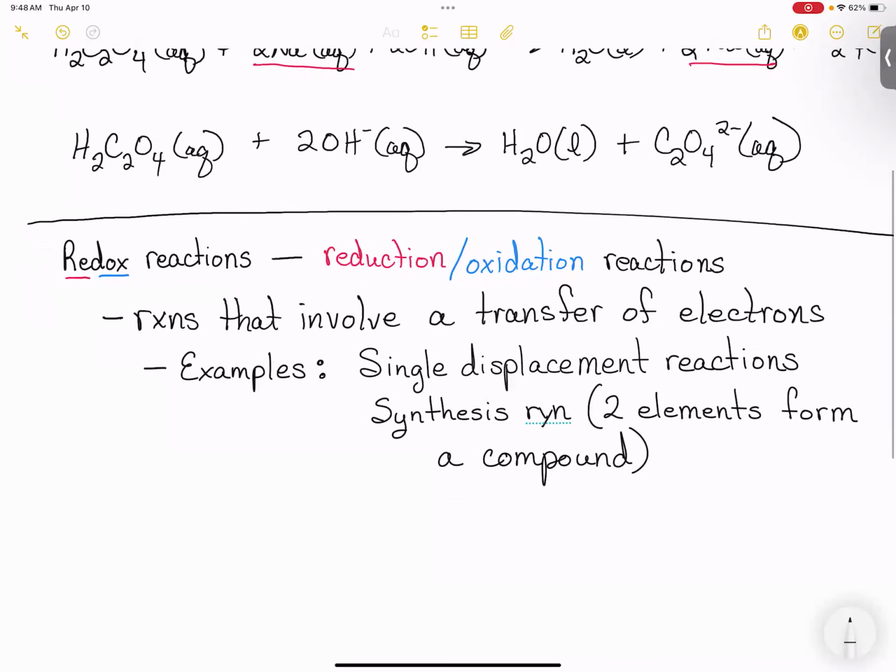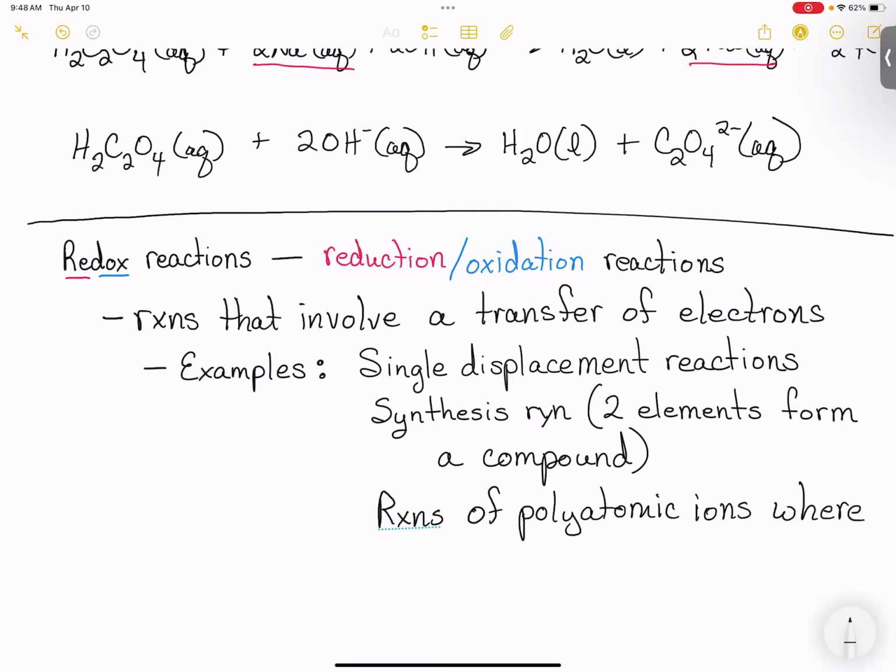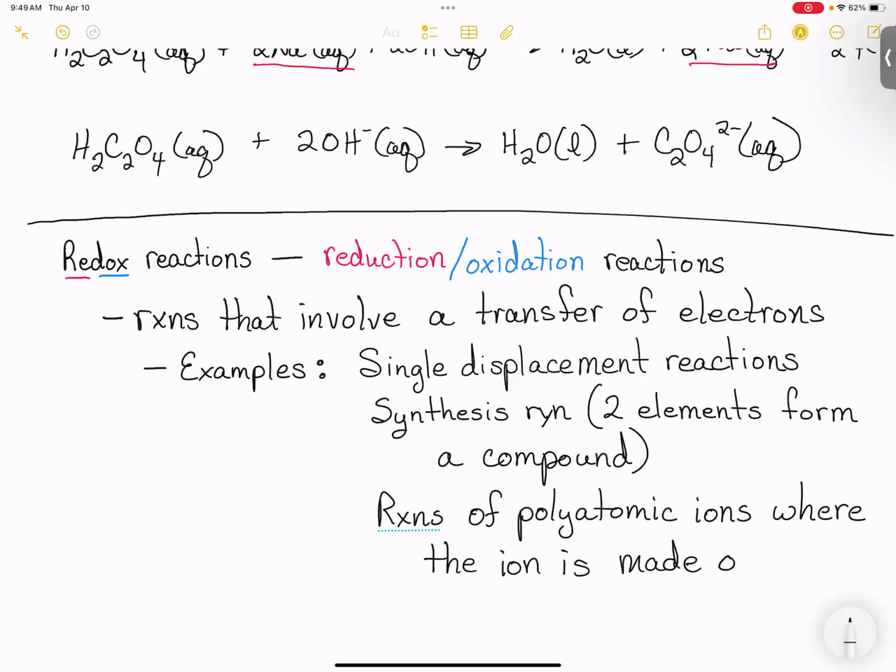It will also include reactions of polyatomic ions where the ion is made or destroyed during the reaction.